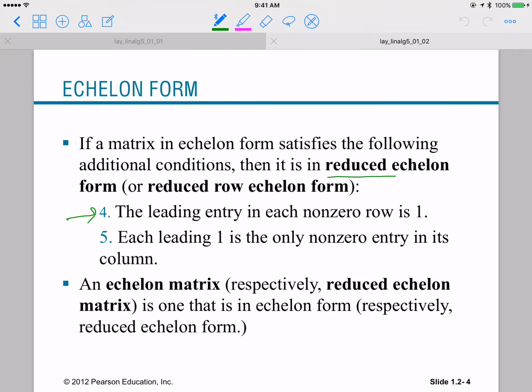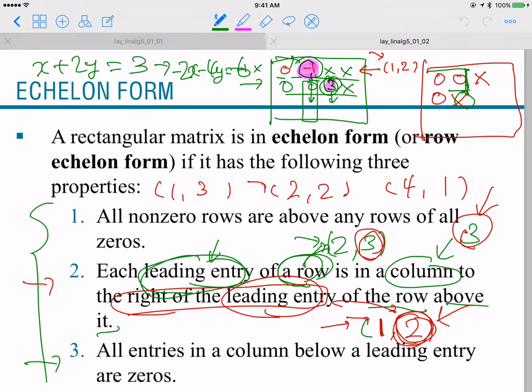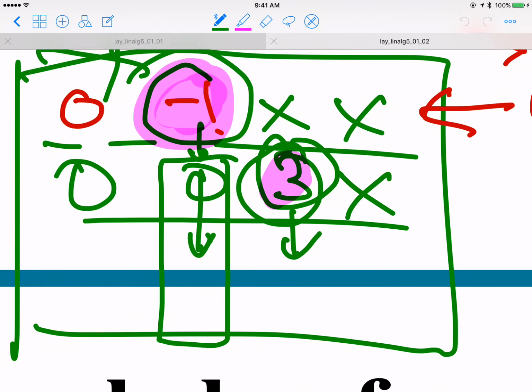Okay, so this fourth condition is simple, and the fifth condition is a little bit more interesting, but not that difficult. In the echelon form, let's consider this guy, the leading entry in the second row.